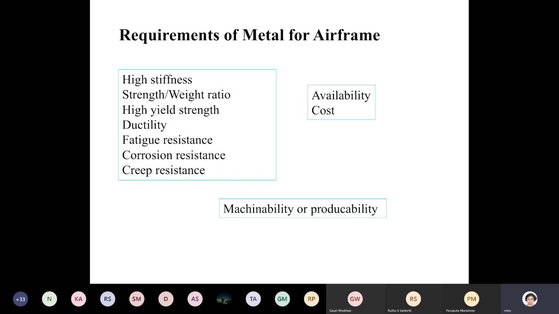Most of the fighter aircraft these days are trying to explore the use of titanium as an aircraft construction material. Again, the issue with titanium is not the availability, it is the manufacturing process. It's not yet a well-established large bulk manufacturing process for titanium.